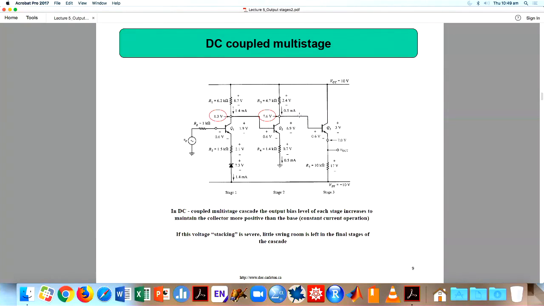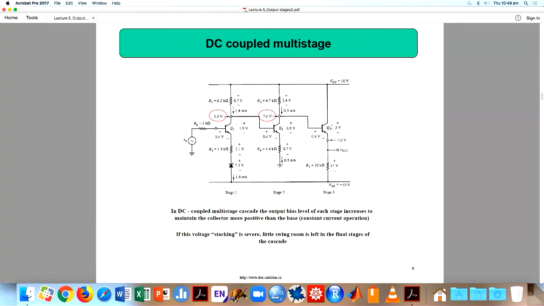And with DC coupling here, now you got 2 volt, and then here this should be more than 2 volt. You know what I meant? Then your output voltage level is shifting up. Your requirement is increasing. Now this output is 1.3, then here you need definitely more than 1.3 in order to keep this transistor in the active region.